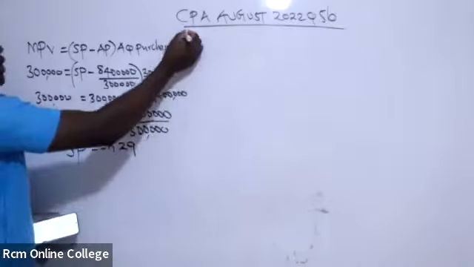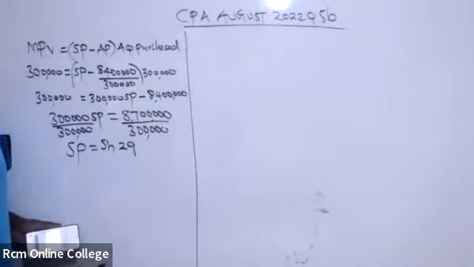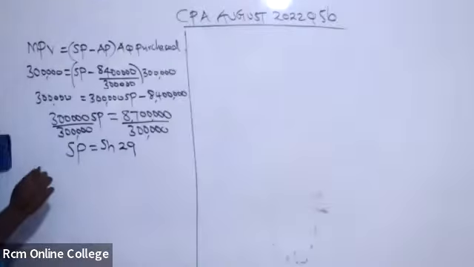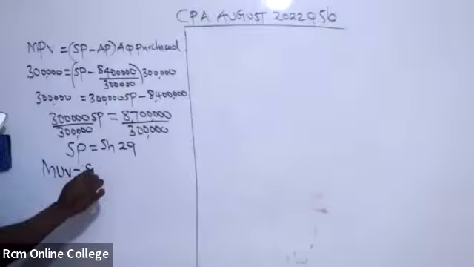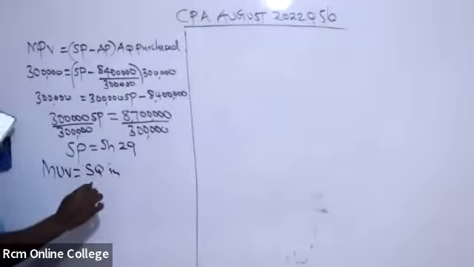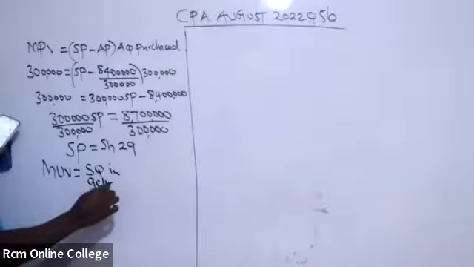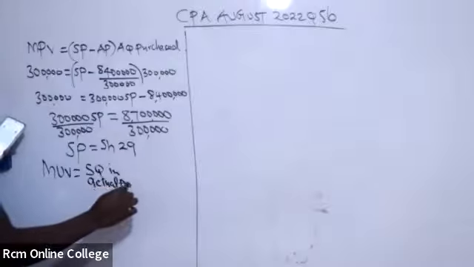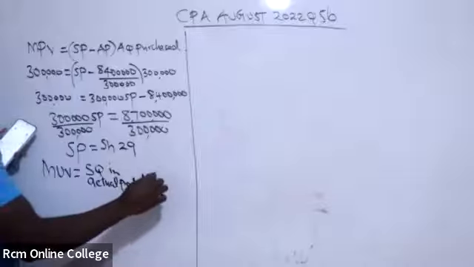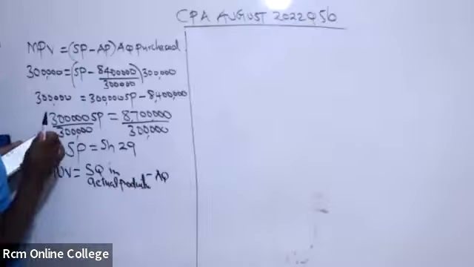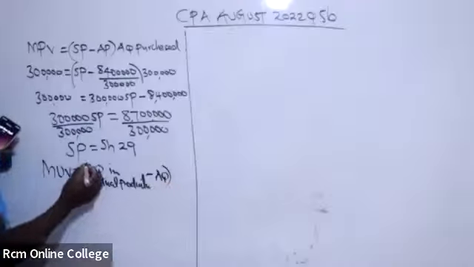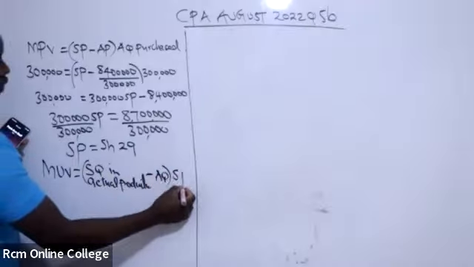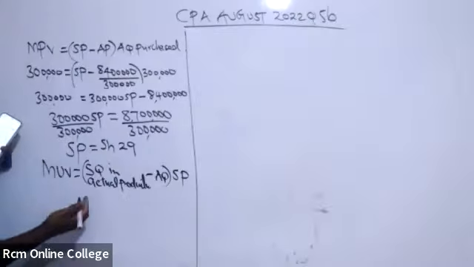Good. Having done that, you're supposed to proceed and look at material usage variance. So material usage variance is equal to the standard quantity of raw material in actual production, minus actual quantity of raw material, then multiply by standard purchasing price per kg of raw material.